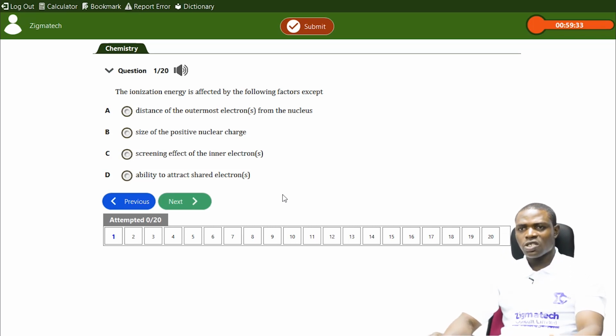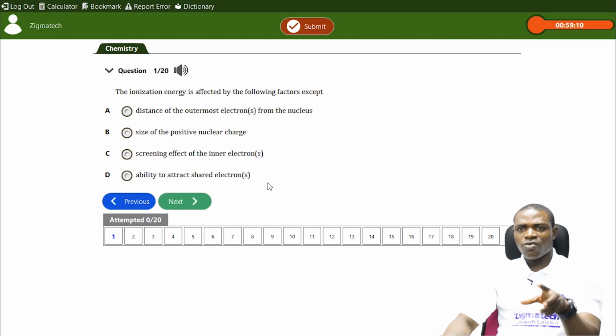If you look at all these parameters, they are asking which of the following does not affect ionization energy. The distance of the outermost electron from the nucleus is a big factor when it comes to ionization energy.